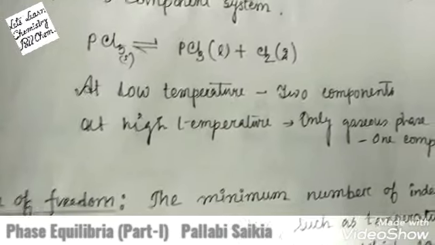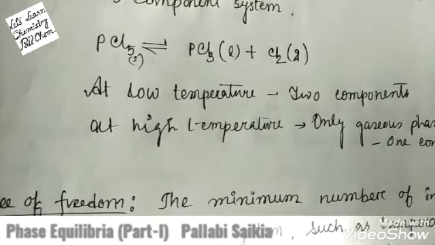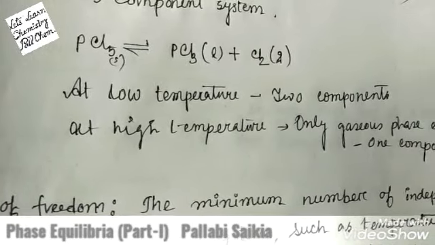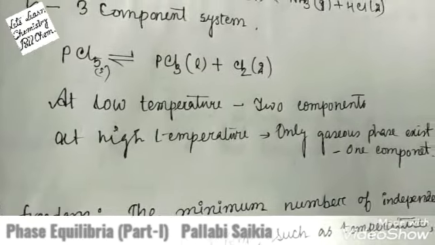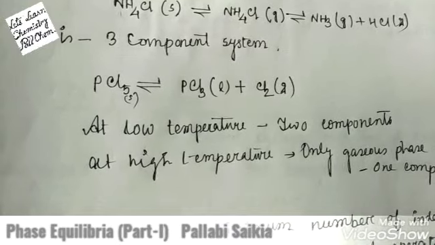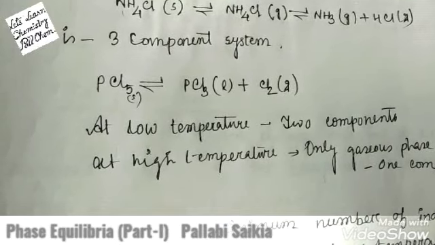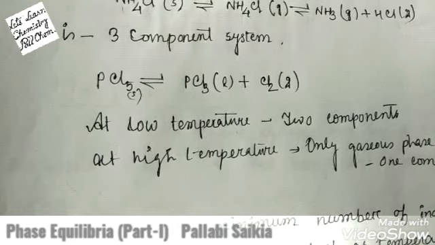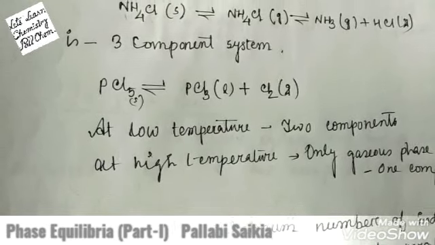In phosphorus pentachloride, at low temperature it is a 2 component system, and at high temperature it is only a 1 component system, that is the gaseous form. Hence, the component is the smallest number of constituents through which the composition can be varied.